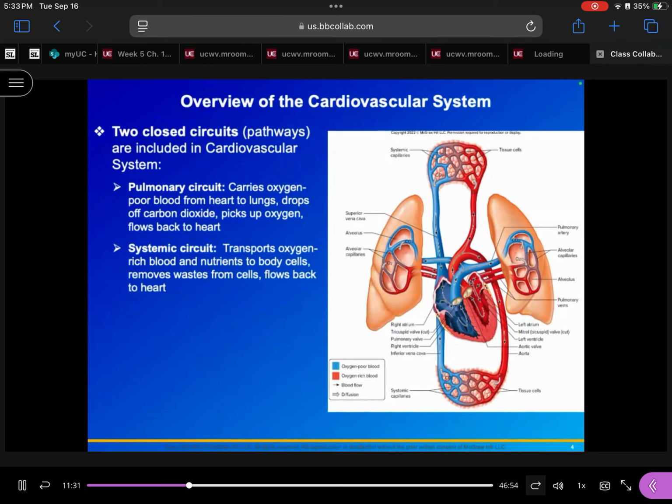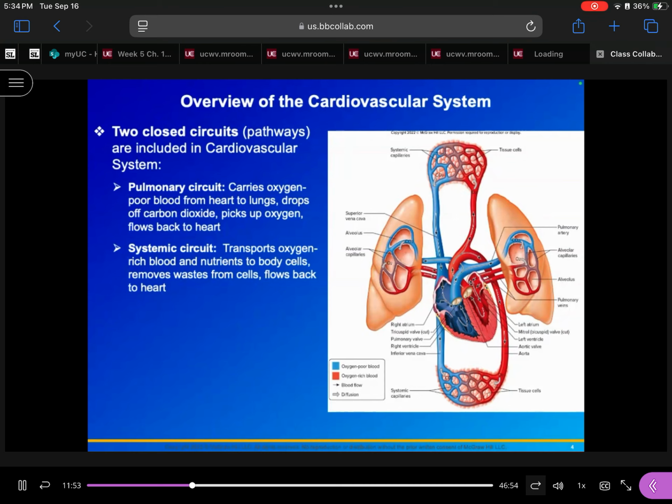But when it goes out to the tissues, that's the systemic circuit. Going out to the lungs and back to the heart, that is our pulmonary circuit. So that's what I was talking about. The arteries and veins carry the opposite blood that you usually think about. And it's simply because we're trying to oxygenate it going out to the lungs.